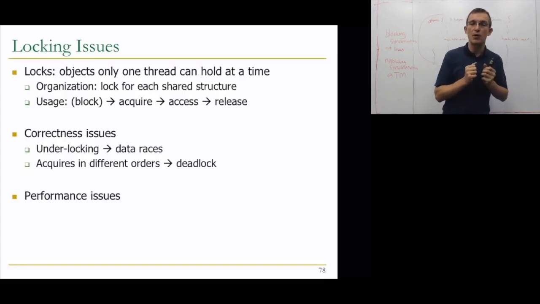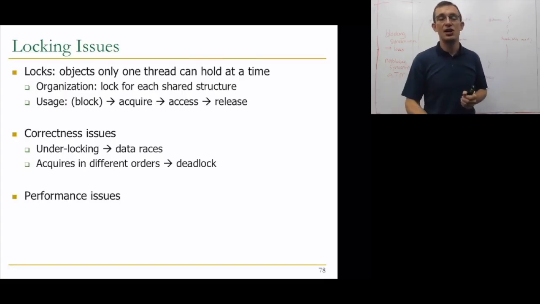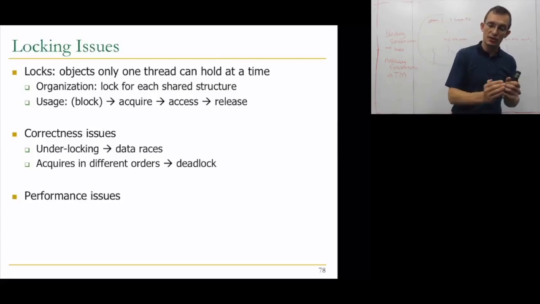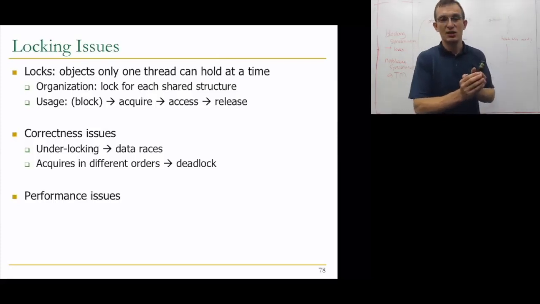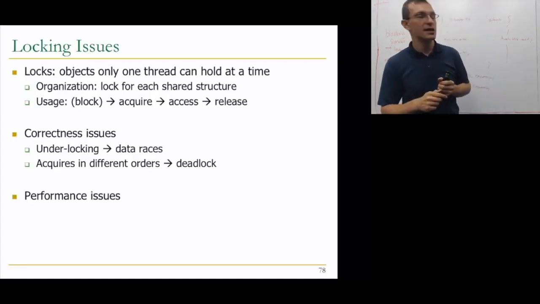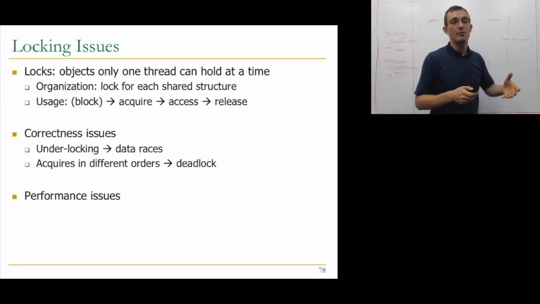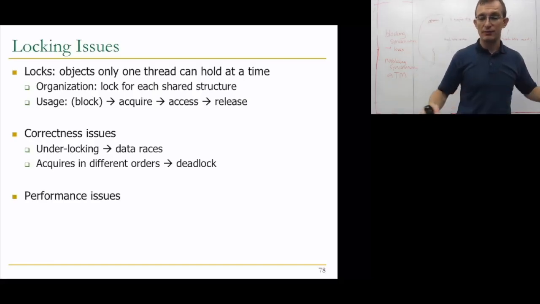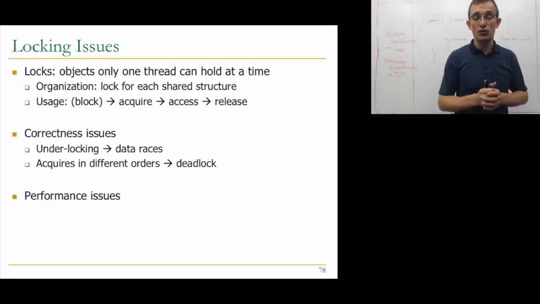And to optimize the performance, you want to minimize the serializing constructs, which means that you want to get rid of those critical sections that are large. That leads to underlocking, that leads to data races, and that leads to bugs that may actually lead to incorrect execution. Right?